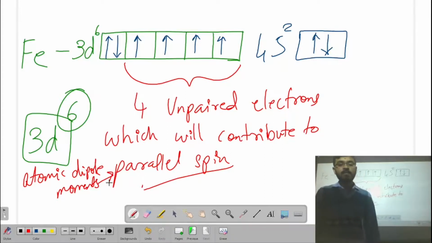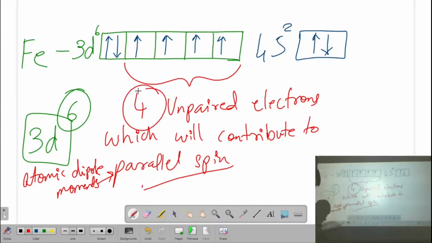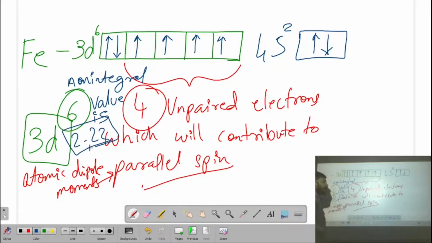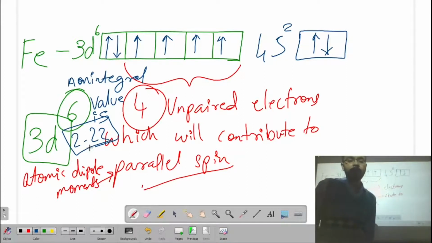These 4 unpaired electrons will be contributing to the atomic dipole moments for parallel spin. Means the atomic moment of Fe by its integral value is 4, but the non-integral value is 2.22. That is also due to the modification in the outermost energy levels, right?